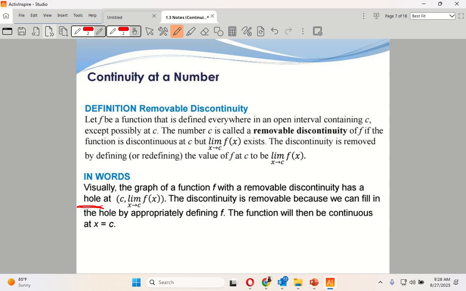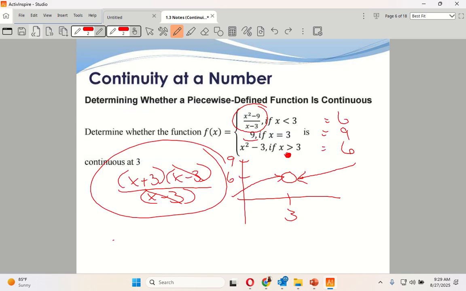If it's discontinuous, okay, no, the limit still can exist. So, back to my sketch. Does this limit right here exist?